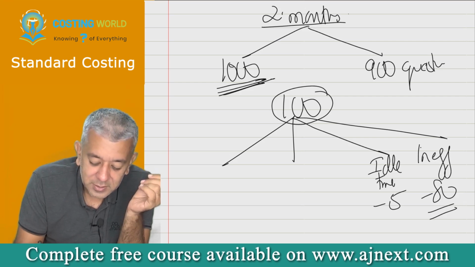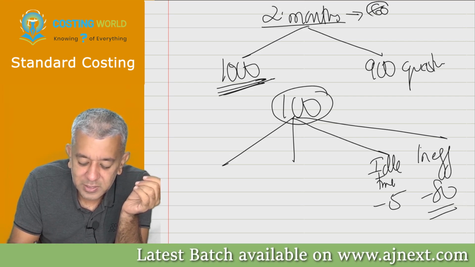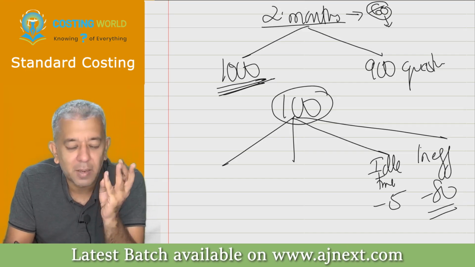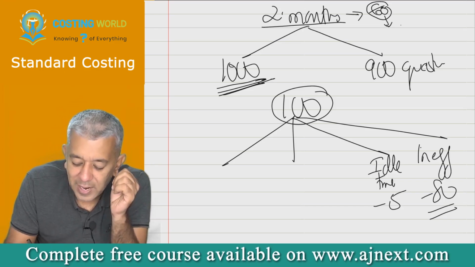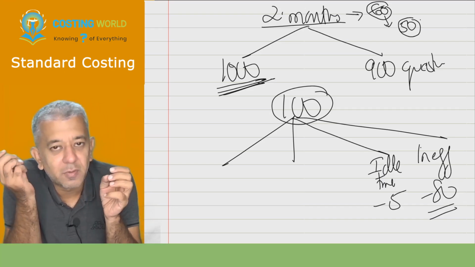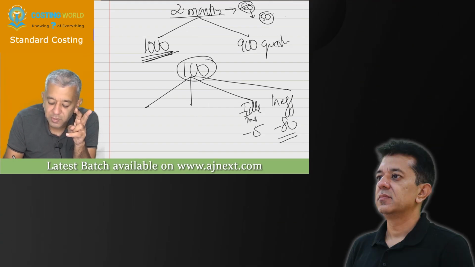In 2 months, suppose there were supposed to be 60 days. I had thought Saturday, Sunday will be a holiday. Don't try to say that today is Sunday. But in 2 months, I had planned your classes for 50 days. But there was some kind of a strike and I had to give you leave for 2 days.